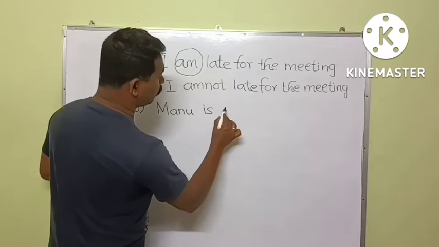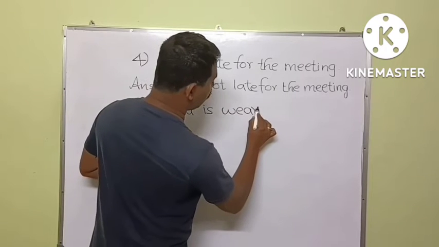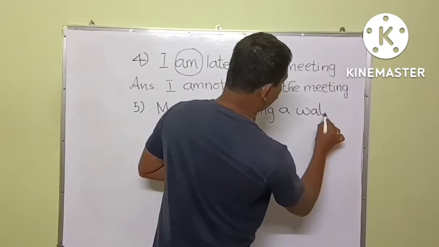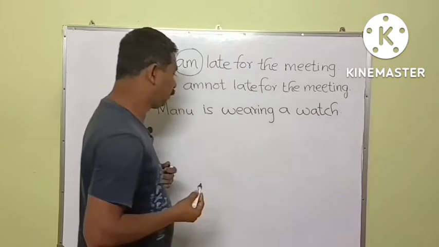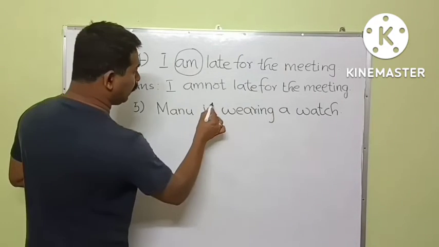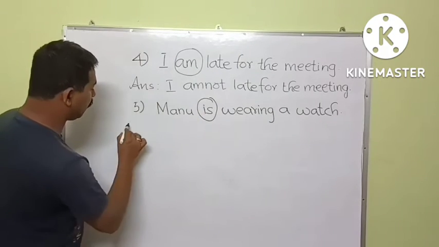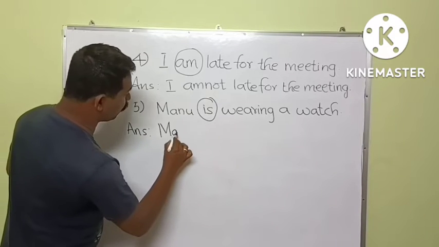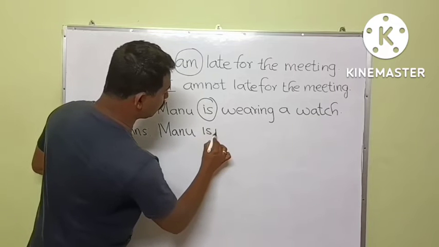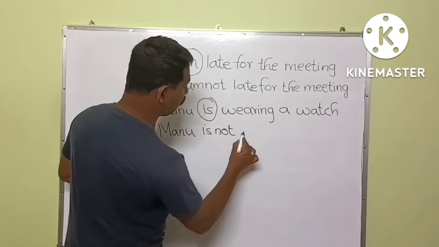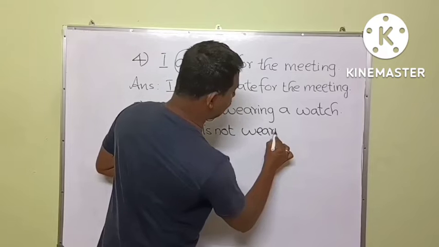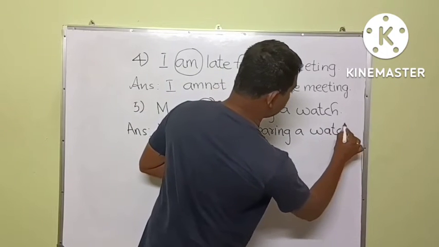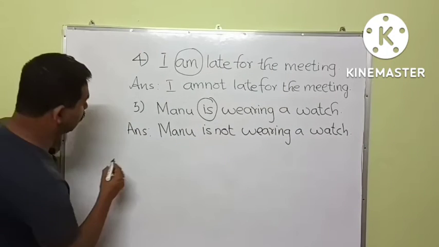Manu is wearing a watch, full stop. Here is is the auxiliary verb, then the answer is Manu is not wearing a watch, full stop. Number 6.